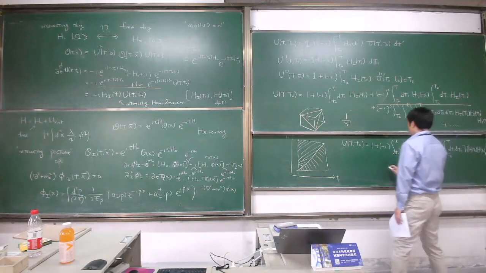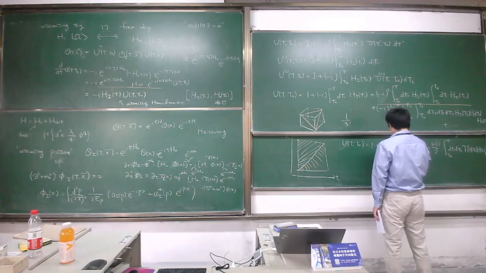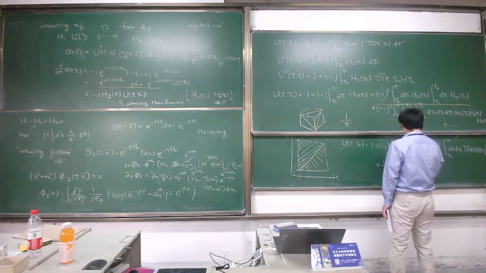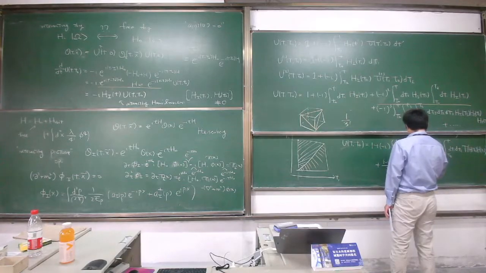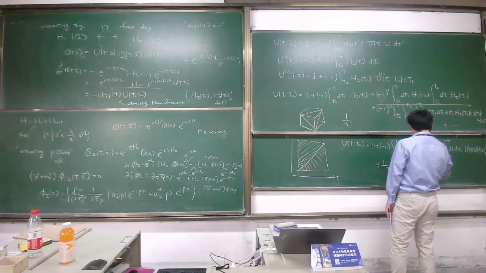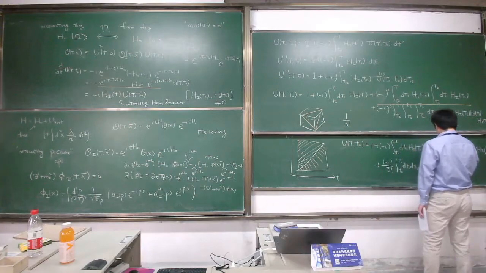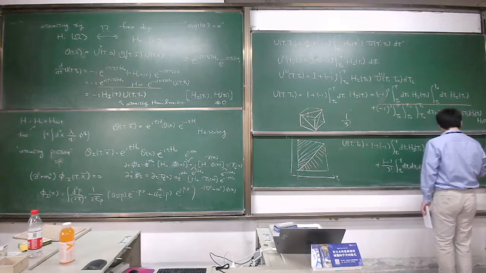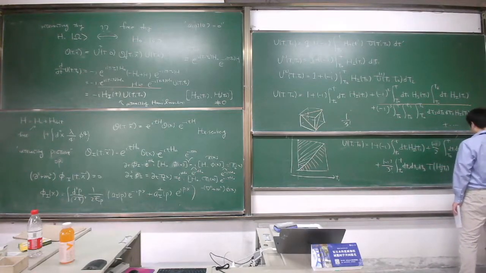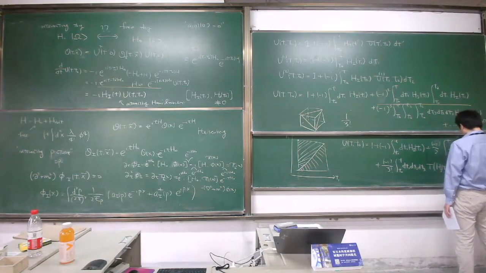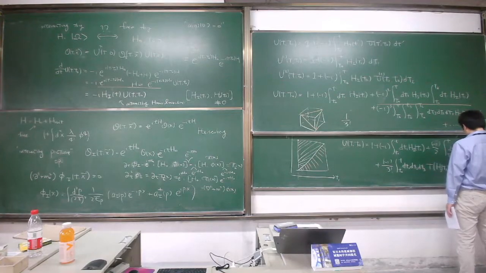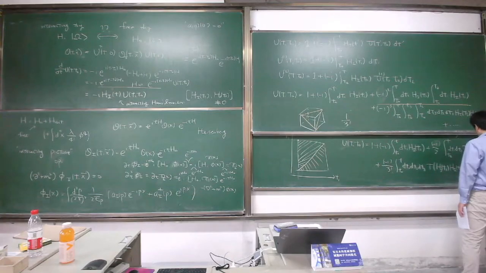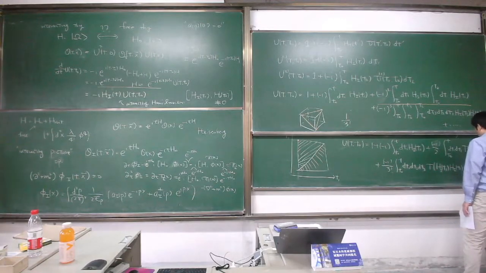And so on, minus i to the 3 factorial, integral from t0 to t of dt1 dt2 dt3. If you put that in time order, you don't need to worry about the order of the dummy variables. And so on.